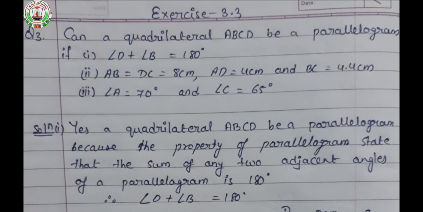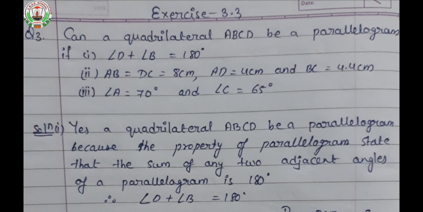Okay. Now look at question number 3 of exercise 3.3. Here it is said, can a quadrilateral ABCD be a parallelogram if angle D plus angle B is equal to 180 degrees?